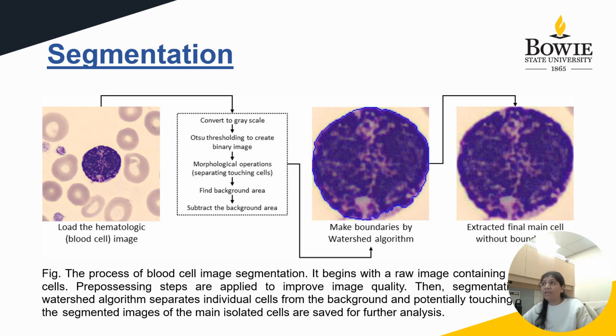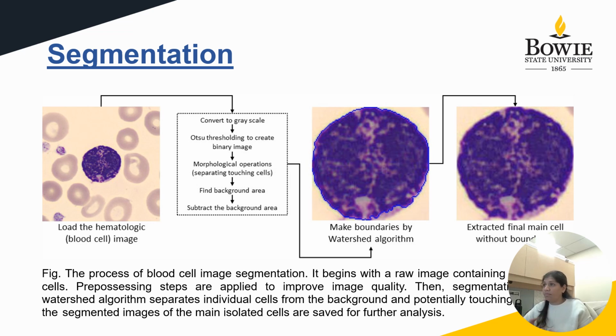As pre-processing of the data, we take the raw images. The process of blood cell image segmentation begins with a raw image containing the different blood cells. Pre-processing steps are applied to improve the image quality.